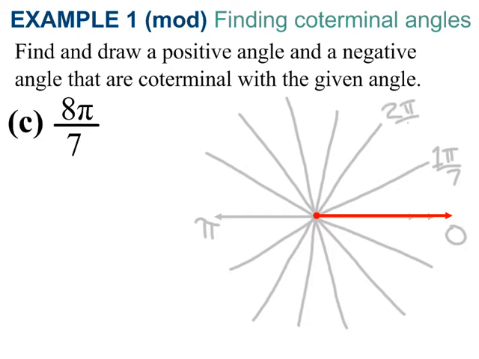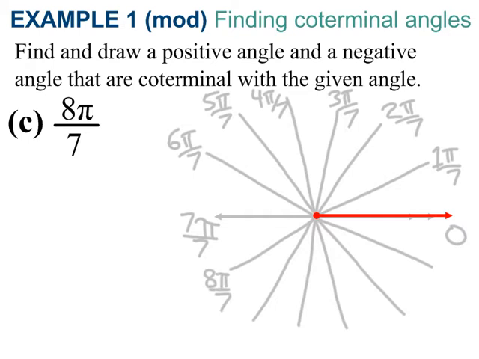This would be 2 pi over 7, and so on. If I really want to continue that pattern, I can even call pi itself 7/7 of pi, and it becomes very easy to see that this is 8 pi over 7 down here, and therefore my angle is located there.